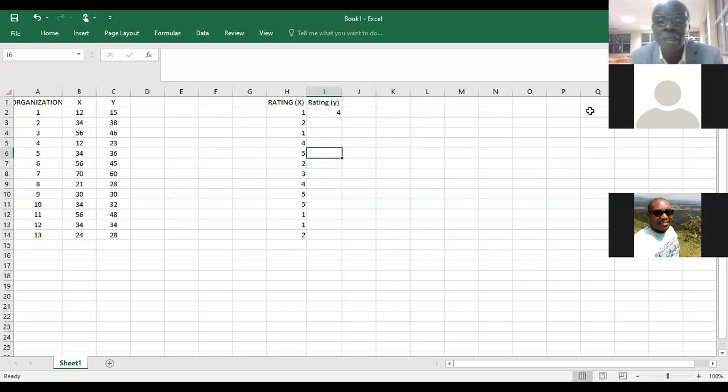So this one say 4, and this one say 3, and this one then say 4 again, and this one 4, 3, and this one just say 2, 1, then 2, then 2, then 2, whatever, and then 3, and then 3.